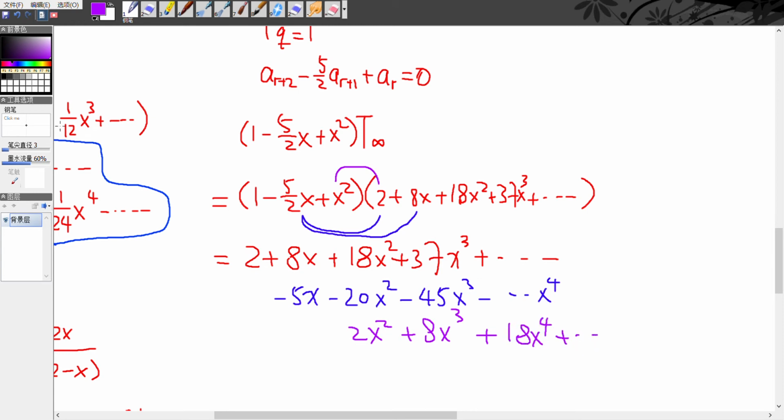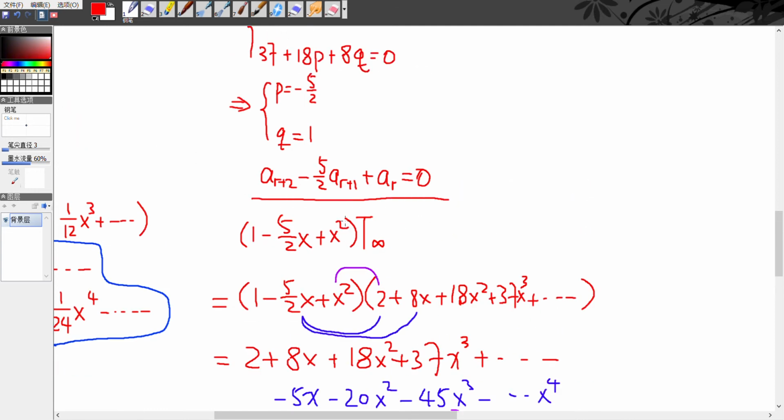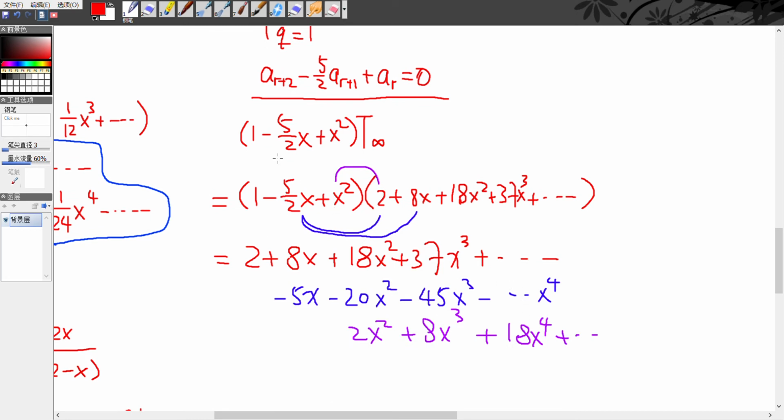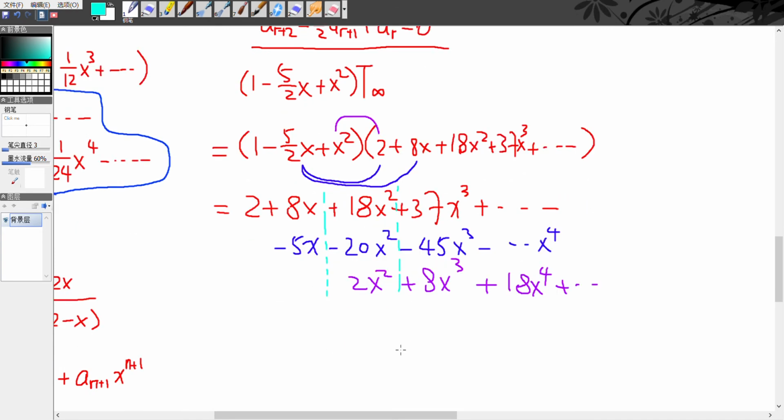The point is that this recurrence relation actually exists in this computation. So I should use this color. So those terms merge and get us 0, and those terms merge and get us 0, and all of those terms merge and get us 0, and we have 2 plus 3x right here.